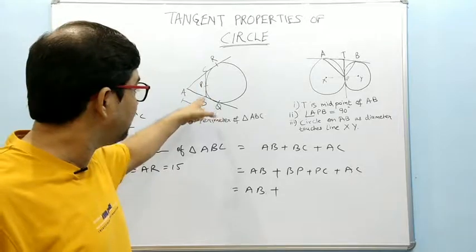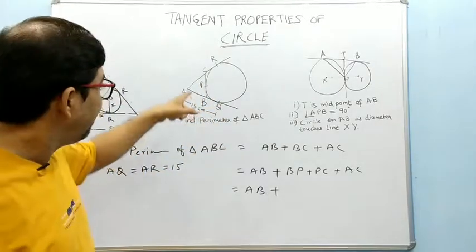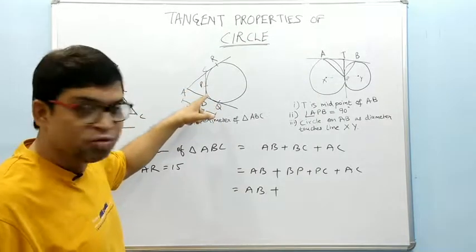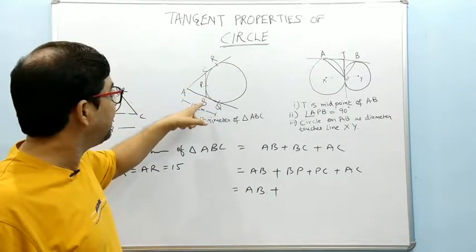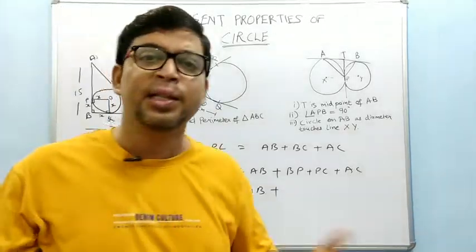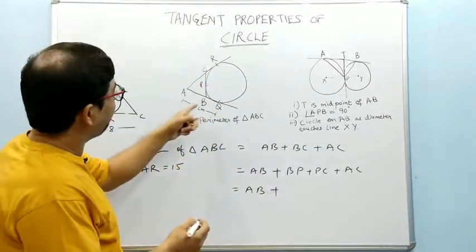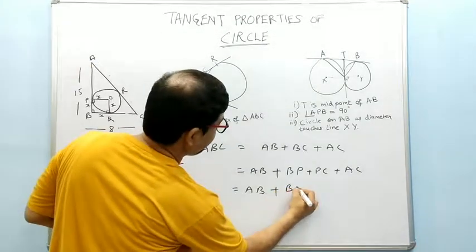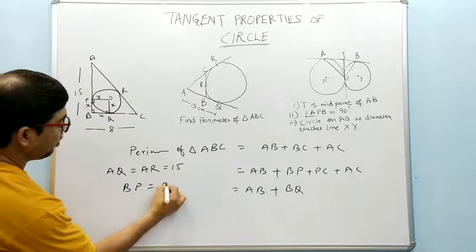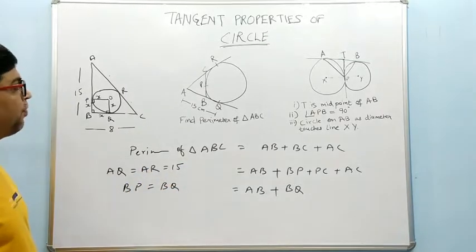BP is equal to BQ. Why? From B, two tangents are drawn to the circle, and the lengths are BP and BQ. From one external point, two tangents, they are equal in length. So for BP, I will write BQ, same theorem.